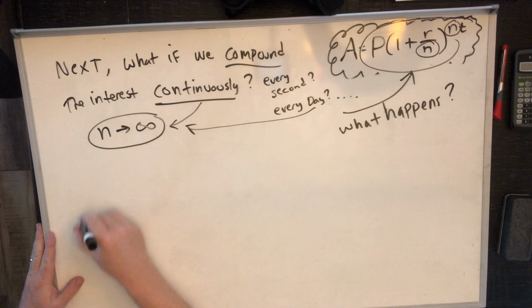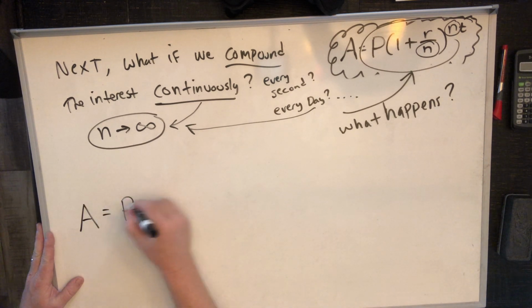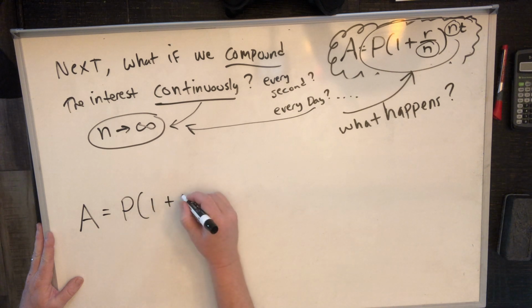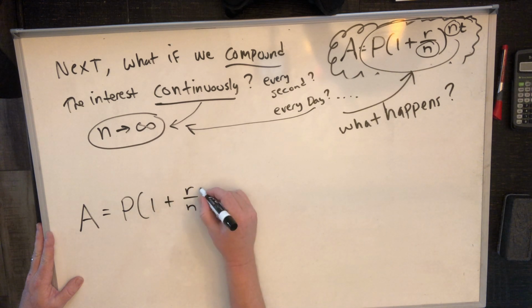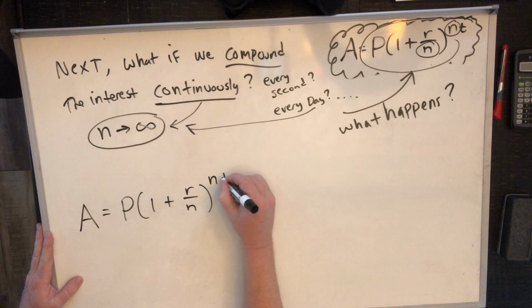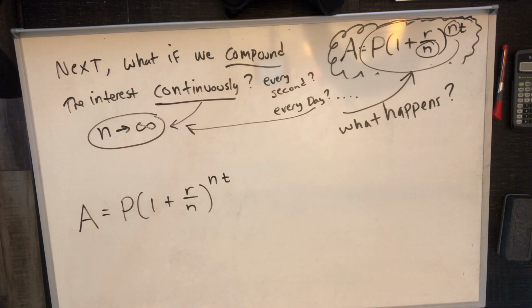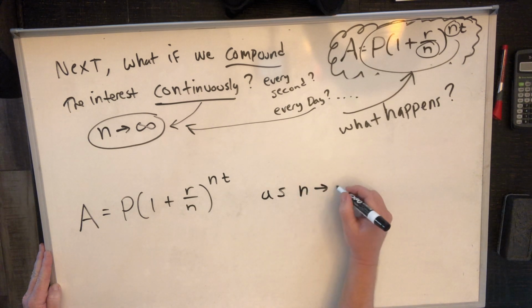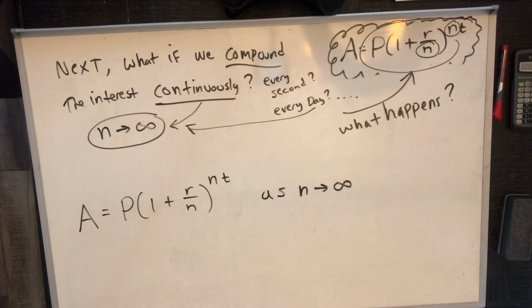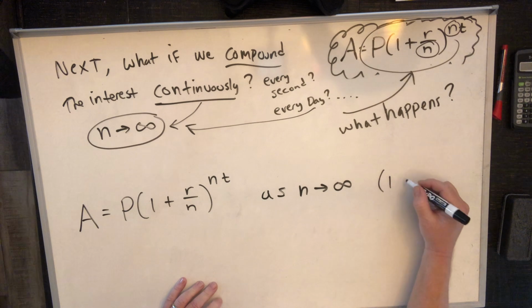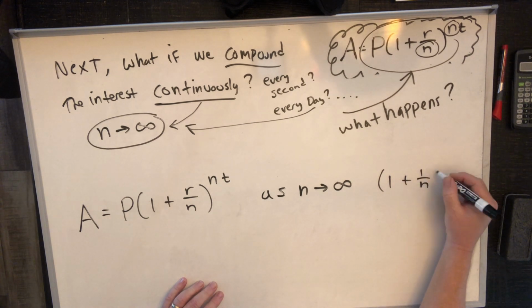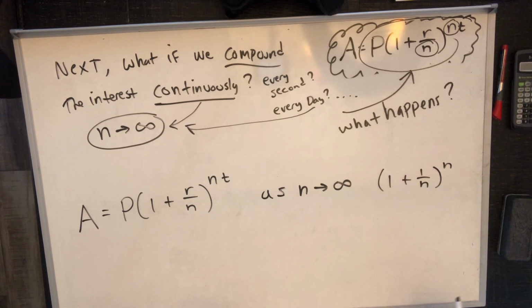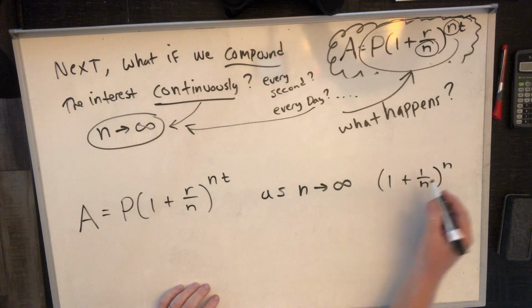And so what happens is the same thing that happened in the previous chapter, in the abstract. As n goes to infinity, the value 1 plus 1 over n to the n, this would be 100% interest.